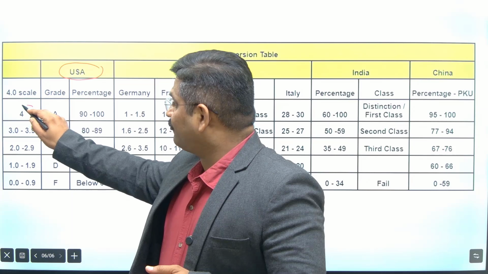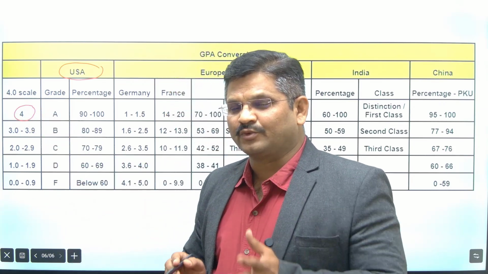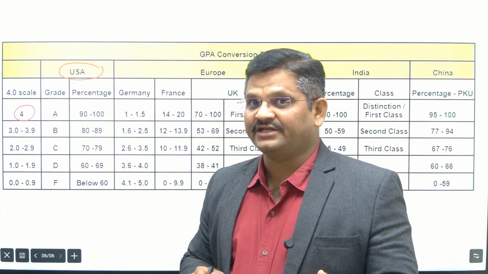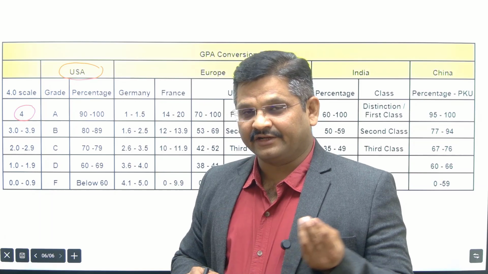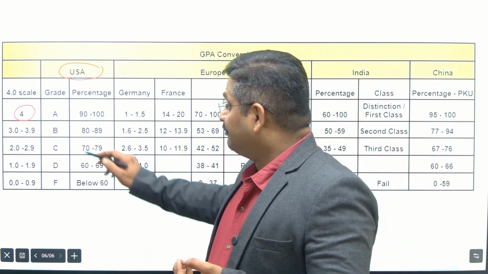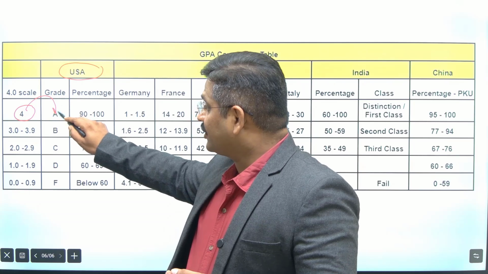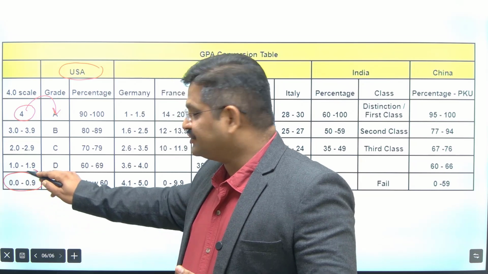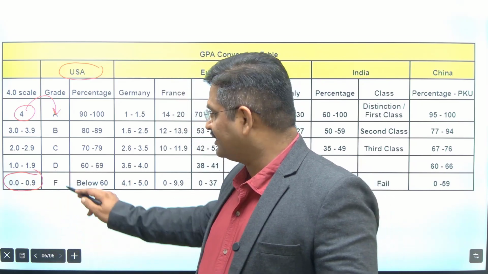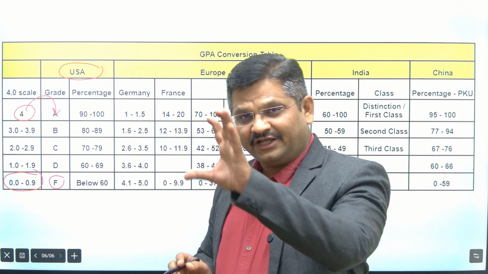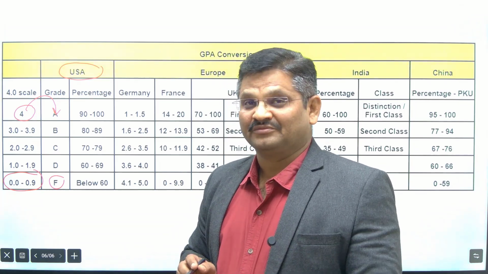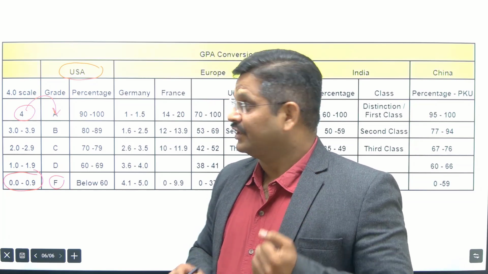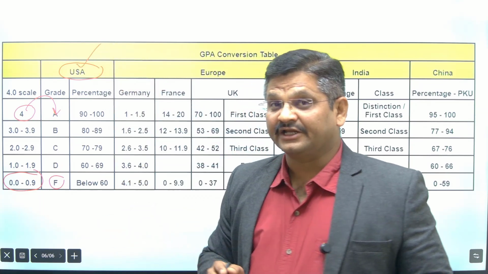Suppose one student got a 4 GPA, he or she is considered outstanding in their degree or courses. A 4 GPA is equivalent to an A. When we compare with the range, 0.9 or below is considered an F. And clearly universities indicate that out of 4, they need a GPA within 3.4 to 4. This is the United States of America universities' requirement.